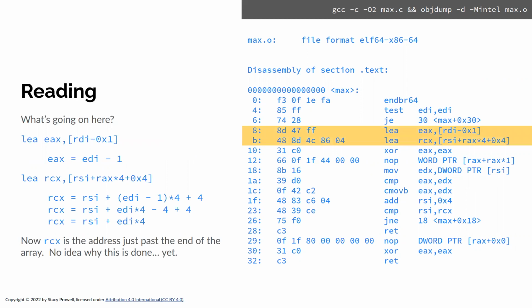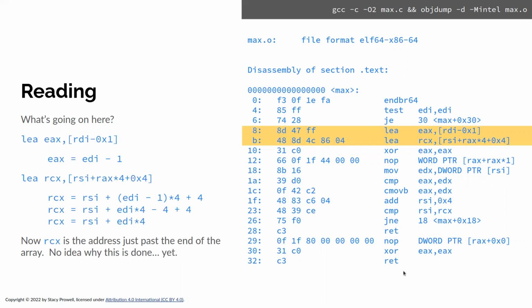Before we look at this, let's look at this stuff up here. Test EDI. We already know that's asking the question, is EDI 0? If it is, we jump to 30. Way down here, we zero out EAX, which is our return value, and return. So if the count is 0, we jump down here and return 0.